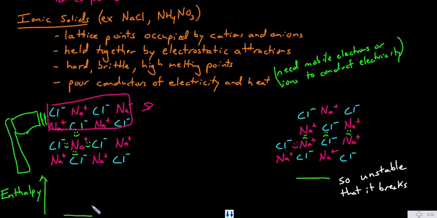So the enthalpy of the system goes from low to high. It's so unstable, in fact, that it's more stable just for the solid to break. And so hammering it causes it to break.